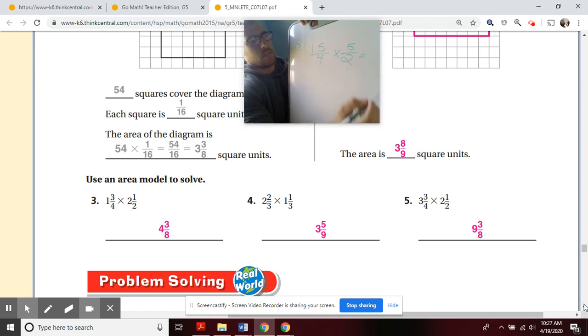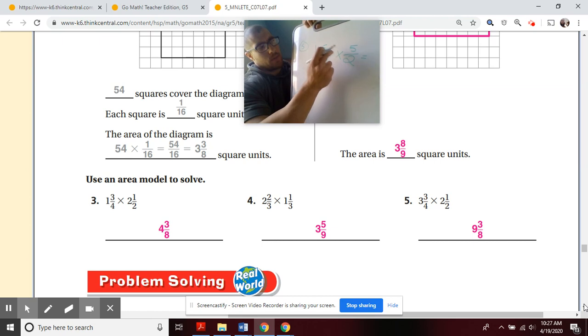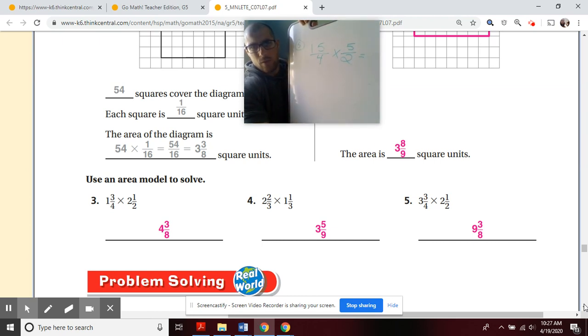We have some big numbers here. Can we use cancellation? No, there is no common factors between 15 and 2, or between 4 and 5 besides 1, and a factor of 1 will not help you. So 15 times 5. If you have to come to the side like this and say 15 times 5 is 75, that's okay. 4 times 2 is 8. You should know your times tables.